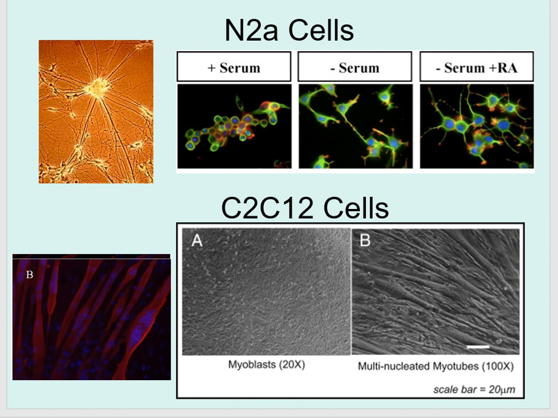Another example that we've done in the past is with, again, myoblast cells from mice. These are C2C12 cells that can be used to create myotubes in culture when given the right differentiation factor. So these cells, as myoblasts, are extremely small. They are clustered up.